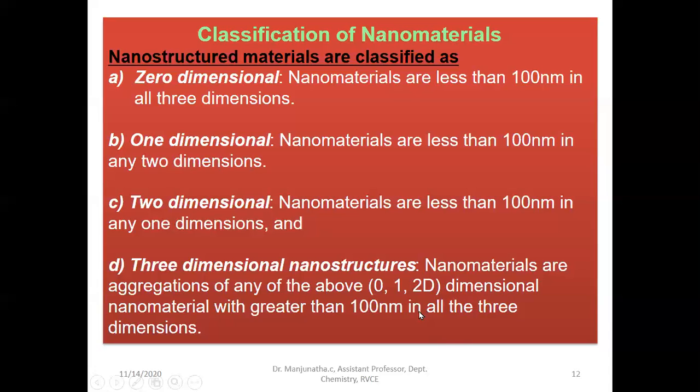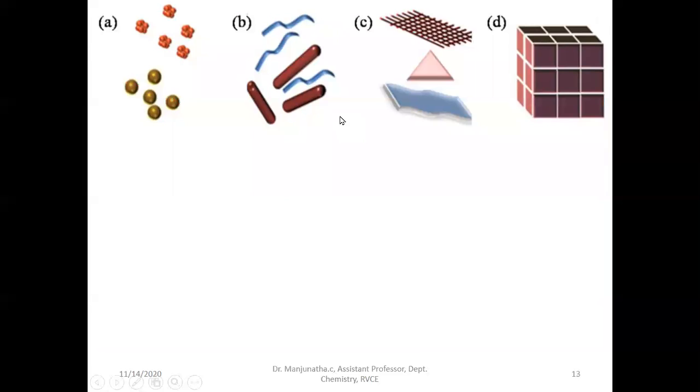In most cases, a 3D nanostructure is made up of, for example, if you take a nano flower, it is greater than 100 nanometer, but the leaves as well as petals are actually 2D material. They are all less than 100 nanometer. Such structures are called 3-dimensional nanostructures. Let us understand the classification of materials in detail with some images.